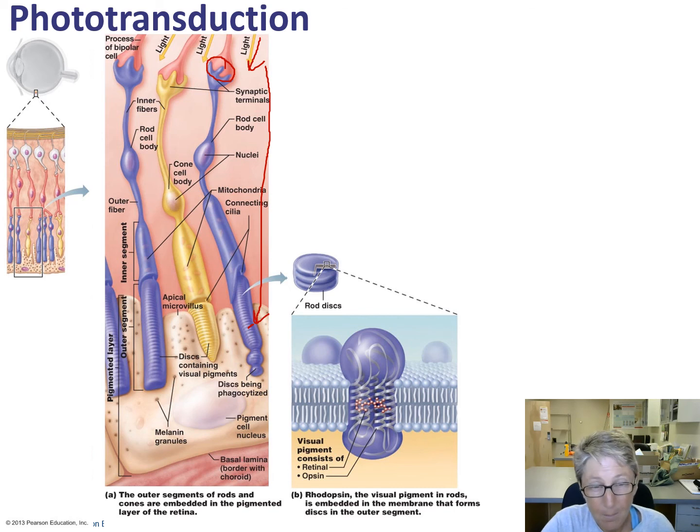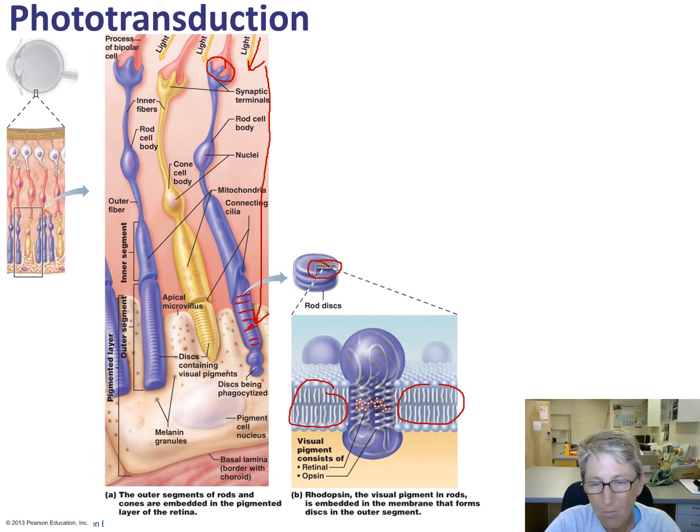Now, remember I told you these outer segments are made up of these discs, kind of like stacks of nickels. If you cut out a piece of that disc, you can see here's the plasma membrane. Here's a phospholipid bilayer of the outer segment of that cell, because all cells have phospholipid bilayers. This is just a distinct motif. The phospholipid bilayer is arranged as a series of discs.